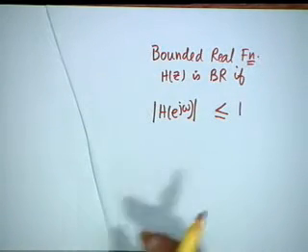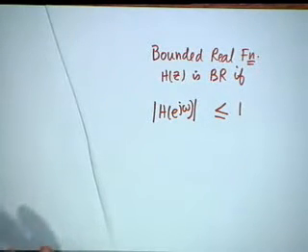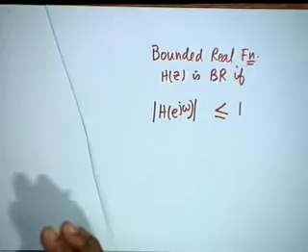That is, if the transfer function magnitude does not exceed 1. We have used all our filters such that the magnitude is normalized to unity. In other words, all of the transfer functions that we have derived or discussed so far are bounded real.